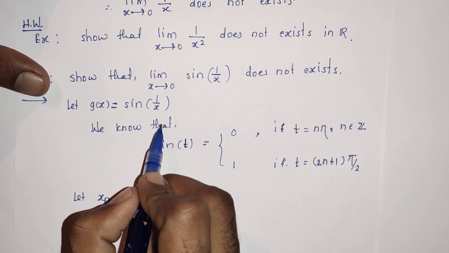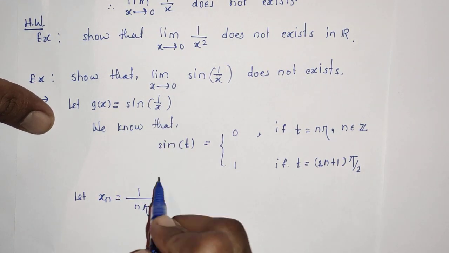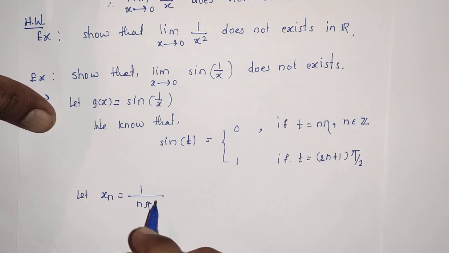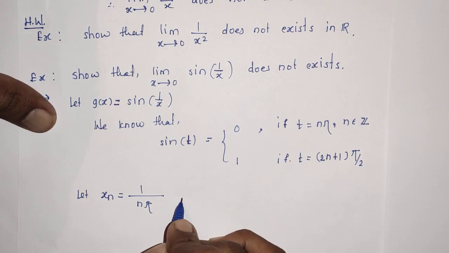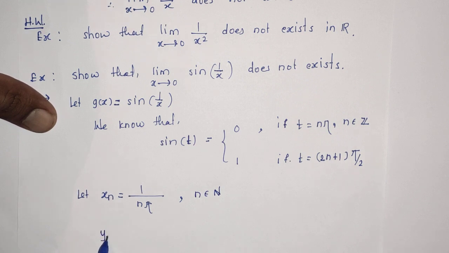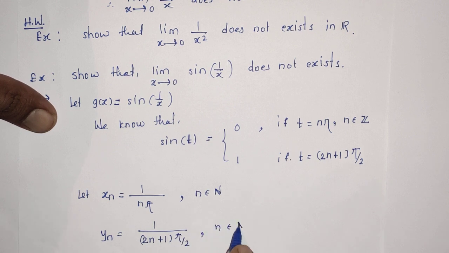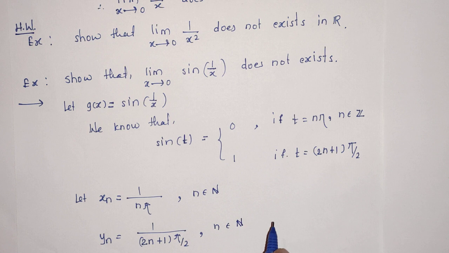Here we are given sine 1 upon xn, so 1 upon xn will be n pi, and sine n pi is equal to 0. So let xn be equal to 1 upon n pi, where n belongs to the set of natural numbers, and yn be equal to 1 upon twice n plus 1 times pi by 2, again with n belonging to the set of natural numbers.